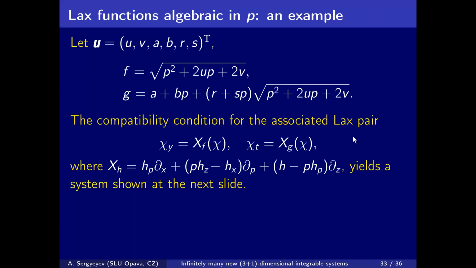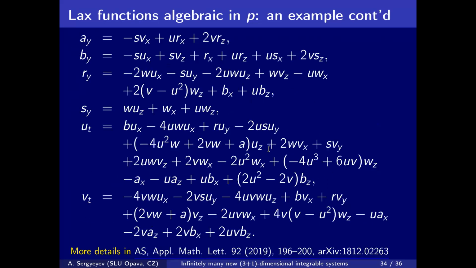In particular, if we make this choice for functions f and g, so now f and g are no longer rational but algebraic in p, then if we consider the associated Lax pair and write down the compatibility condition, we get a rather large and complicated system of this form.